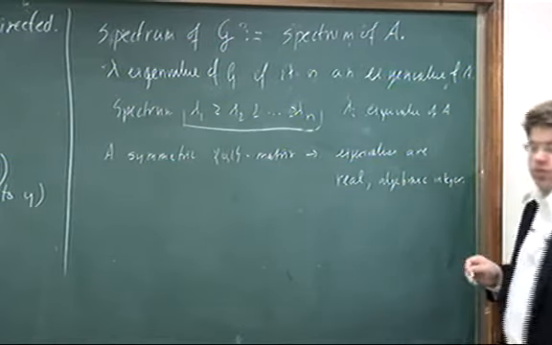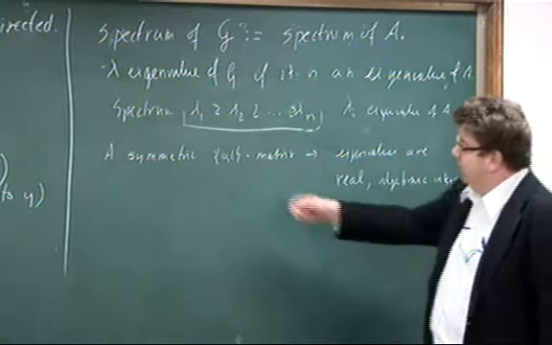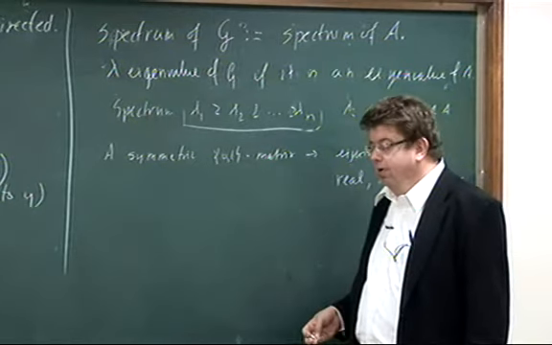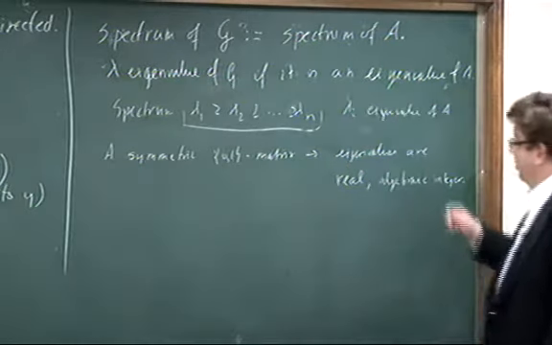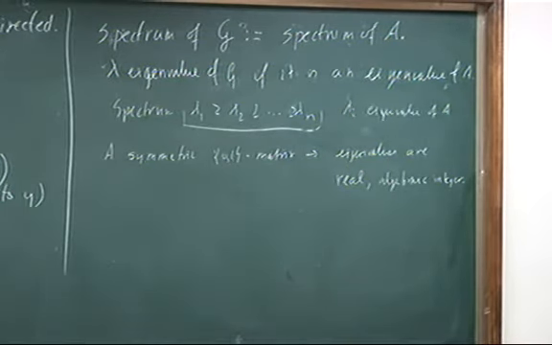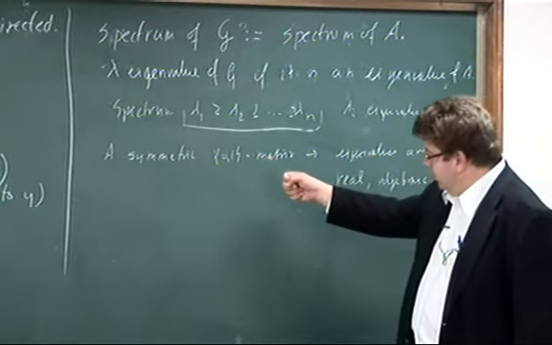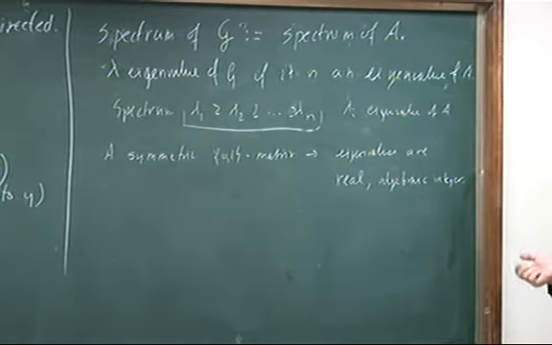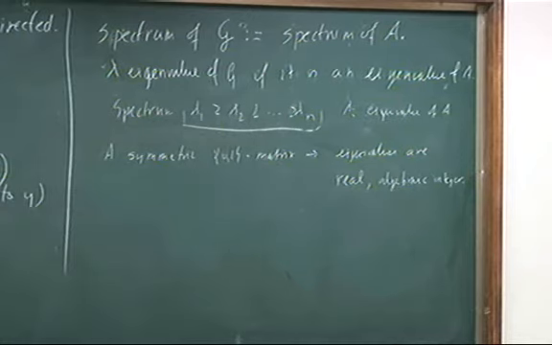I'm not sure whether everybody in this audience knows what an algebraic integer is. It's because this is a matrix where all the entries are integral, so therefore the characteristic polynomial of the matrix is a monic polynomial with integral coefficients.